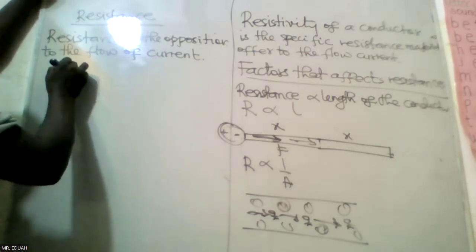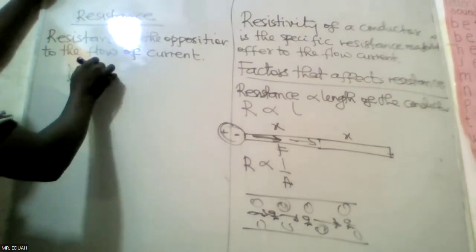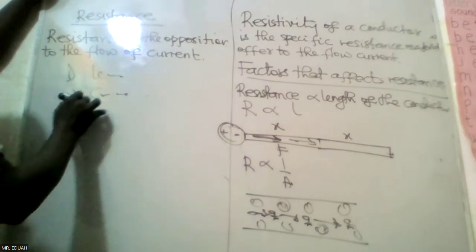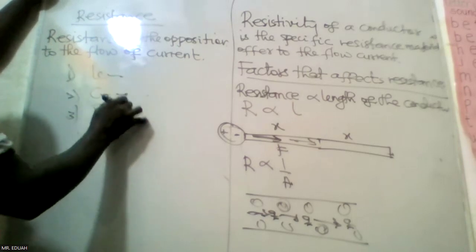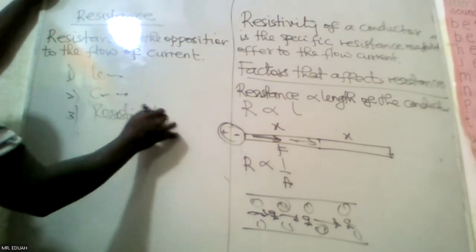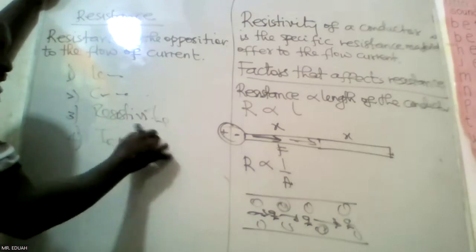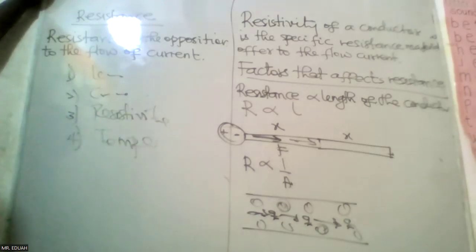So we've talked about four: 1, length of conductor. 2, cross-sectional area. 3, resistivity of the material. And then 4, temperature.